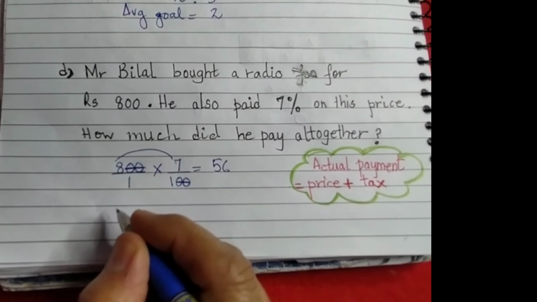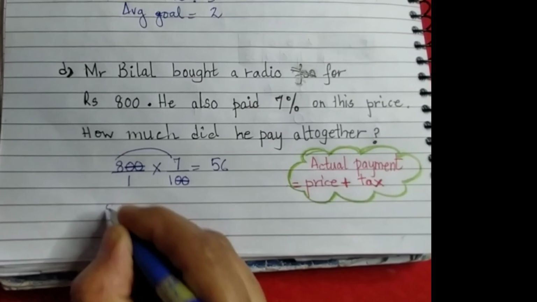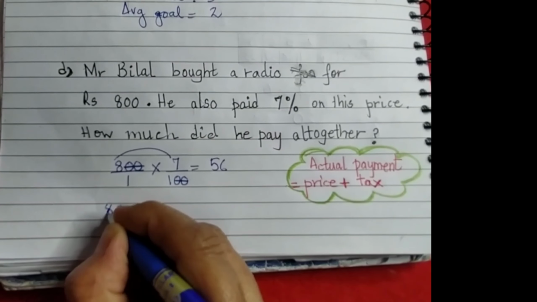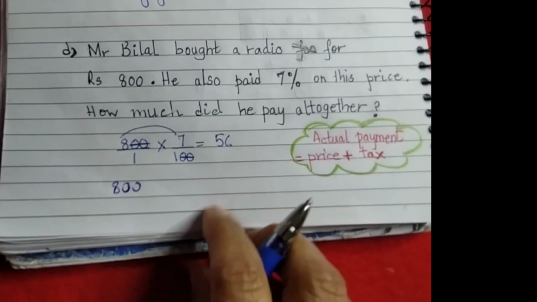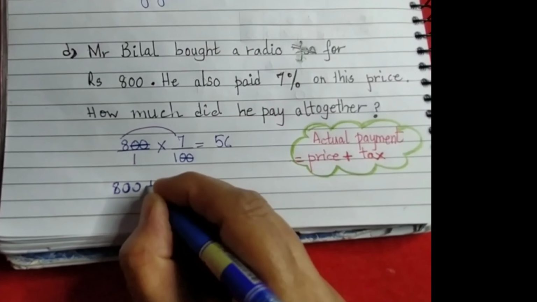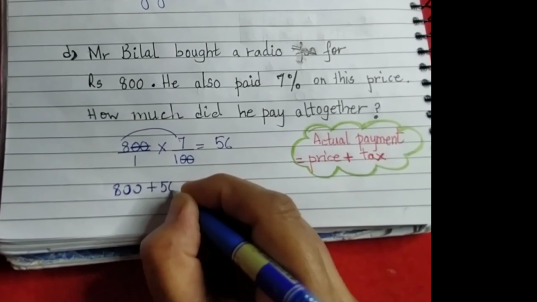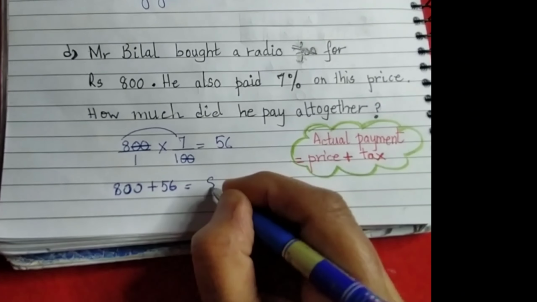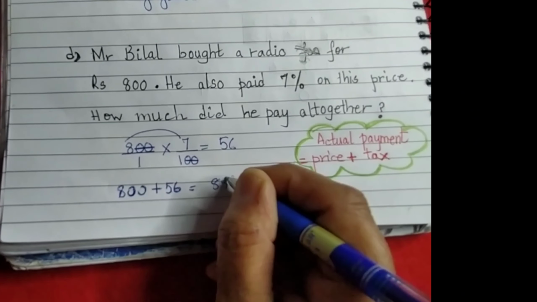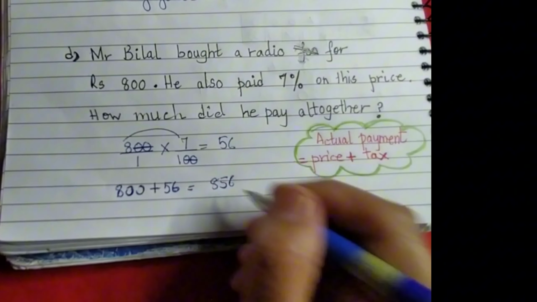The price is 800, plus the tax is 56. Okay, so when you add this up, 856 is the total price Mr. Bilal has to pay.